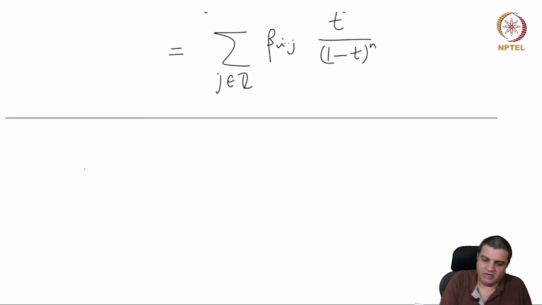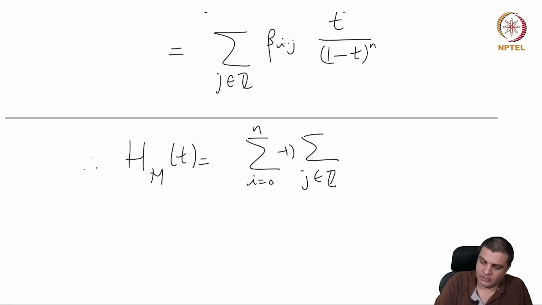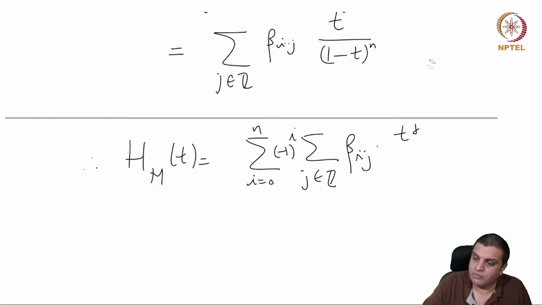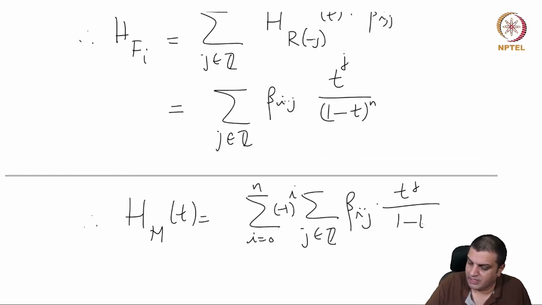Okay. So putting this together, we see that H_M(t) is the sum over i from 0 to n, and j in Z, of (-1)^i beta_ij t^j, over (1 - t)^n.